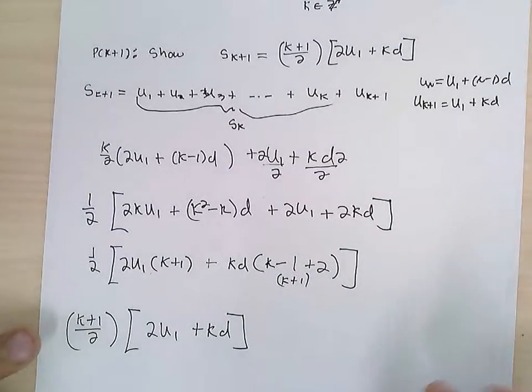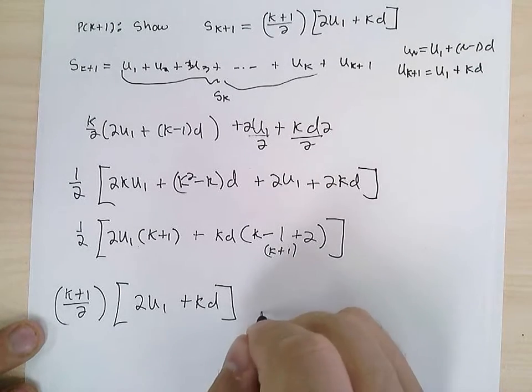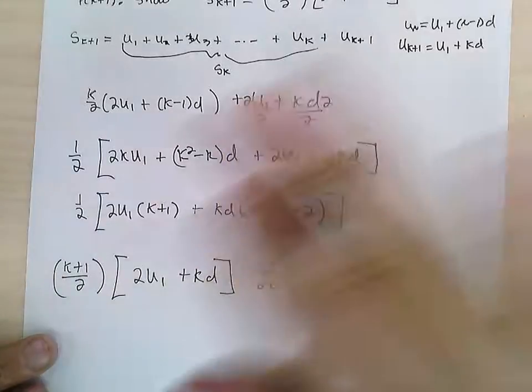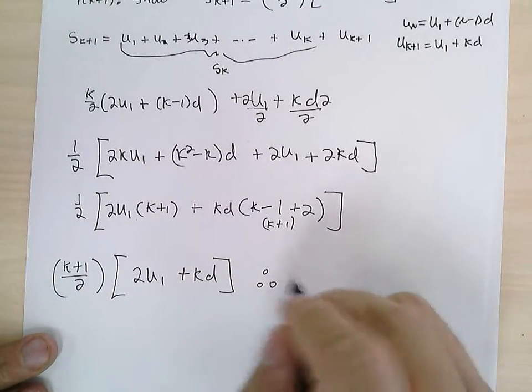So now I have to finish up the proof, put it all together, I have to write a statement. So now I've done all the steps of induction, I've shown it, and now I have to give my statement putting it all together. And this little symbol here means therefore.